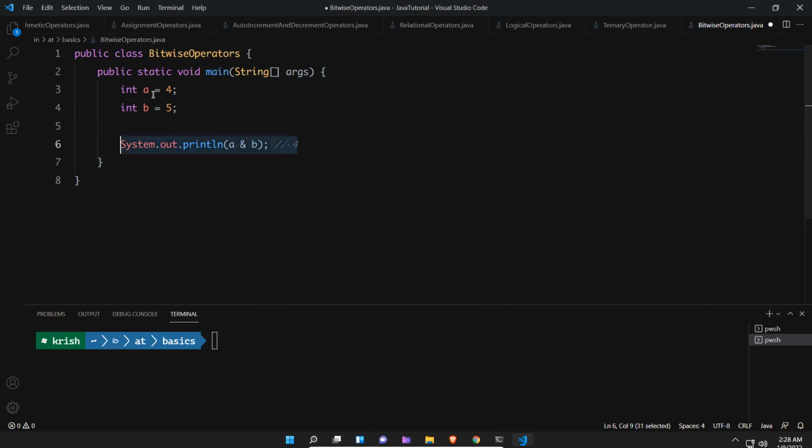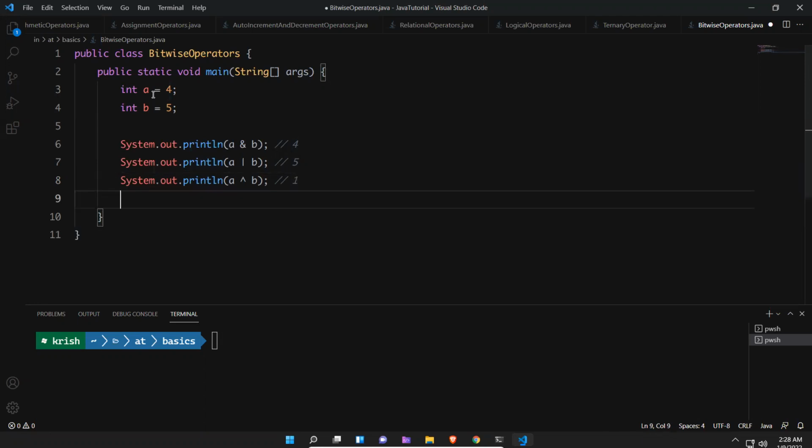Now I'll take a OR b. It became 5 when we calculated. Now A XOR, that is this symbol, it became 1. Now A left shift 2 became 16.